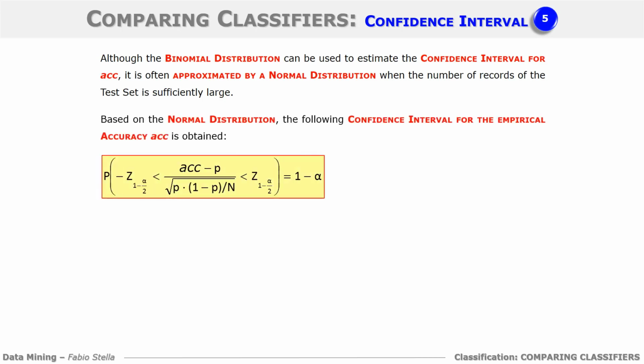Then, in this situation, and based on the normal distribution, the following confidence interval for the empirical accuracy is obtained.